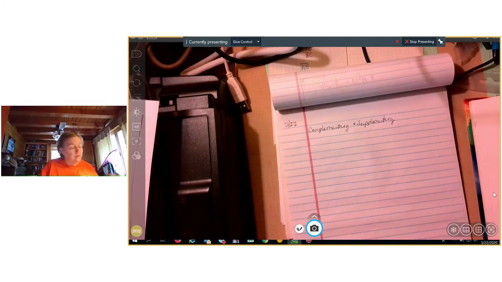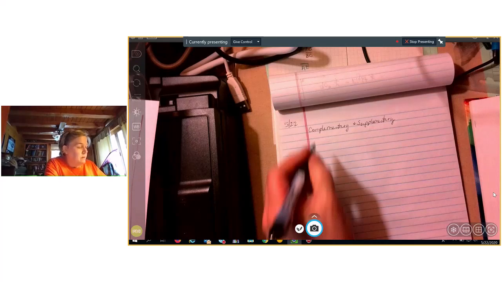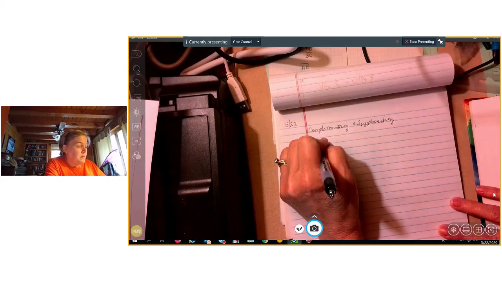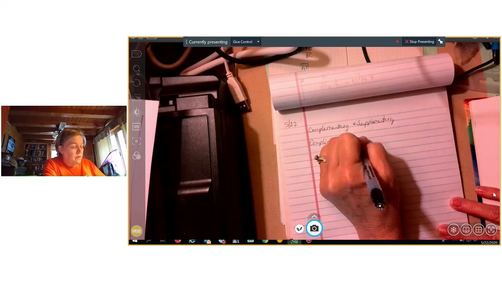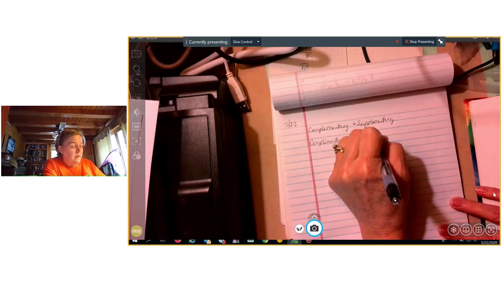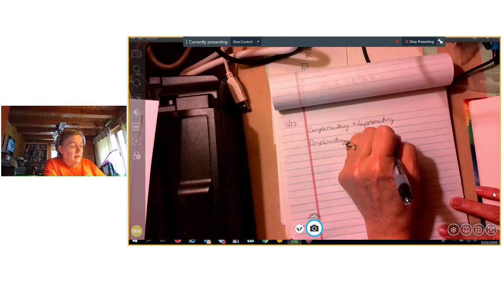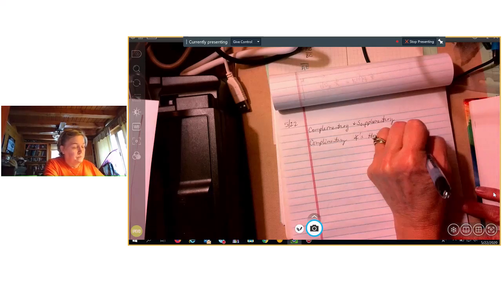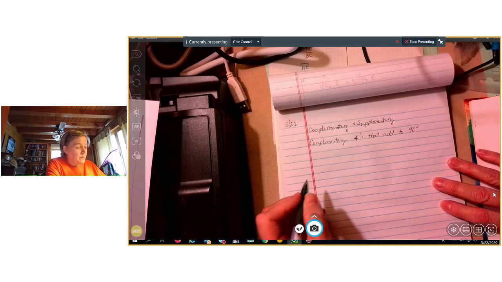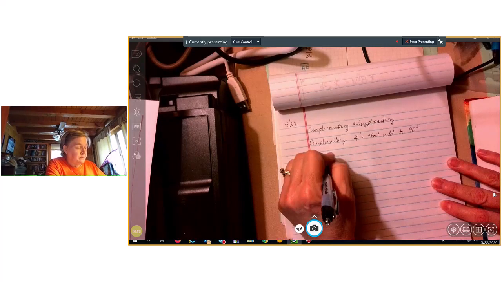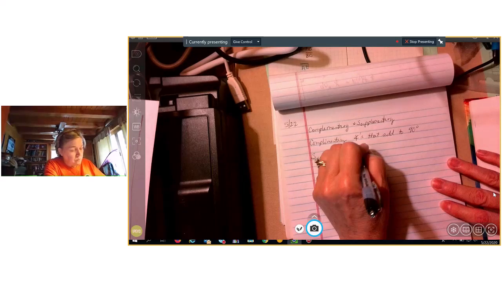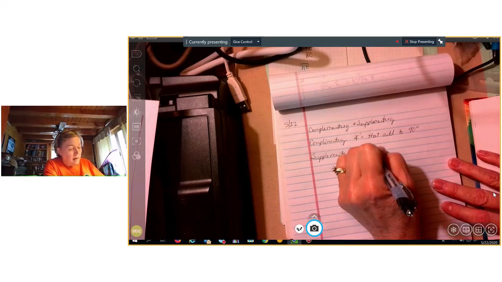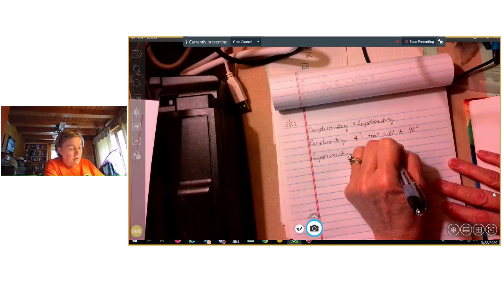As we're looking at complementary and supplementary angles, complementary angles are angles that add to 90 degrees. Supplementary angles add to 180 degrees.